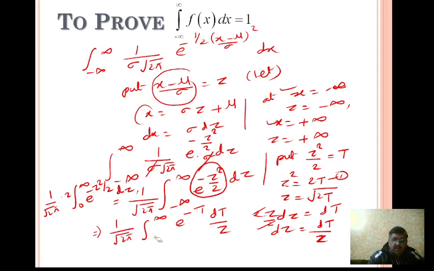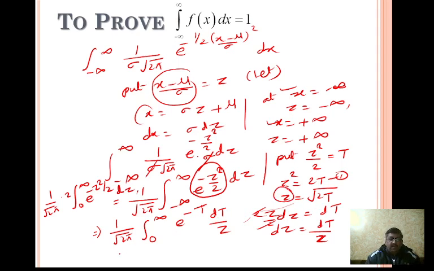So this limit will be 0 to infinity now, right? And one part you can see is dt e to the power minus capital T, and another part is z, which is looking a little unusual. So can we replace the value of z equals square root of 2t from here?